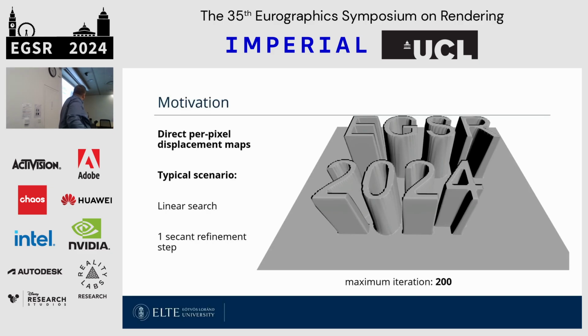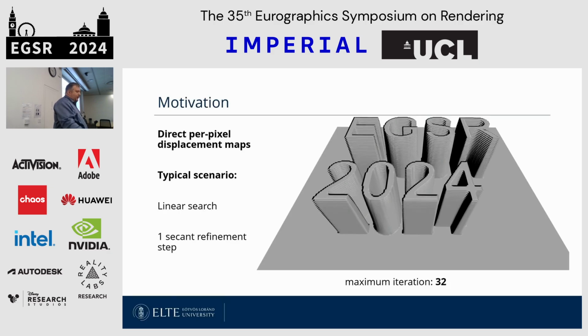But this rendering used 200 iteration steps, which is quite high even nowadays, especially if we have a frame budget like 60 frames per second. So in practice, they usually use a much lower iteration number, and then we can see that many artifacts appear. So in the literature, they try to use some acceleration methods.